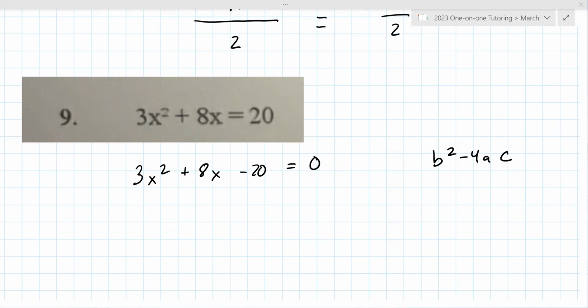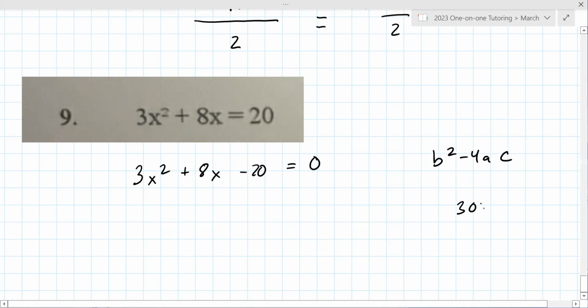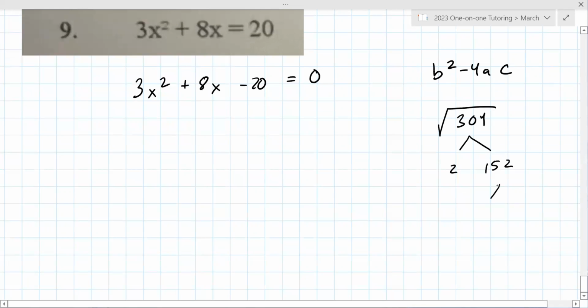I got 304. Okay. So we're going to have to take the square root of that, and this is where it does reduce, and you start with 2. All right, so 2 and 152, 2 and 76, 2 and 38, 2 and 19.